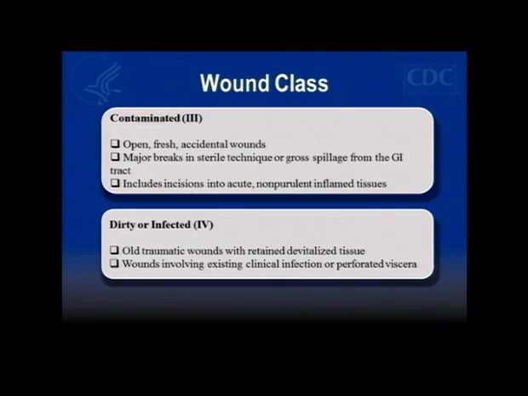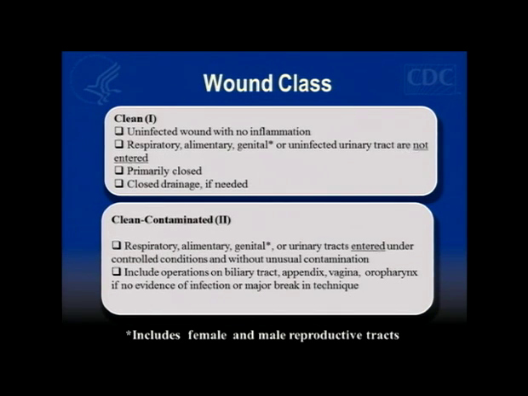And again, let's look at that. We entered the alimentary tract under controlled conditions without unusual contamination. All right? And it specifically also says that the biliary tract is included in this if there is no infection evidence or break in technique.